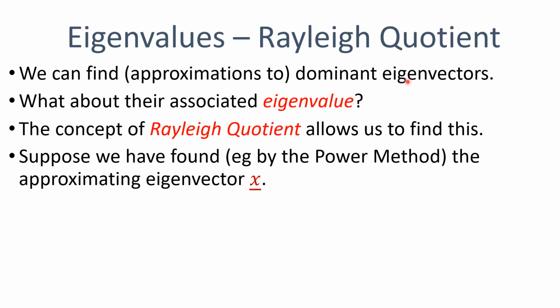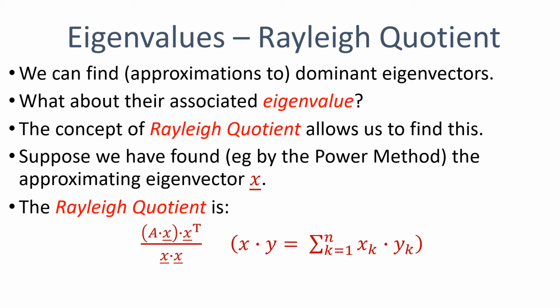So suppose we've used, for example, the power method to find an approximation to an eigenvector. What the Rayleigh quotient does is it computes this constant value. We take our matrix, we multiply it by the vector we've just found, and we compute the scalar product, the dot product of that vector with the transpose of that vector. And we divide the outcome by this scalar value, the scalar product of our vector with itself.